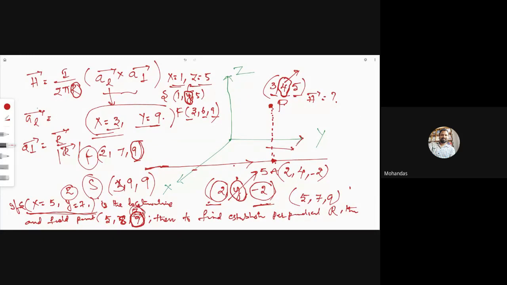So based on this note, tell me, in this problem which he has given here, the field point is 3, 4, 5, and the source point is given as 2, y, -2, where y is missing, right? Now the y is replaced by which one?